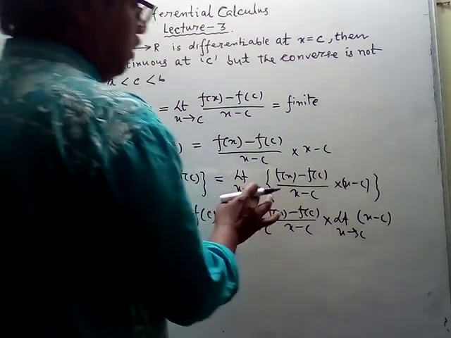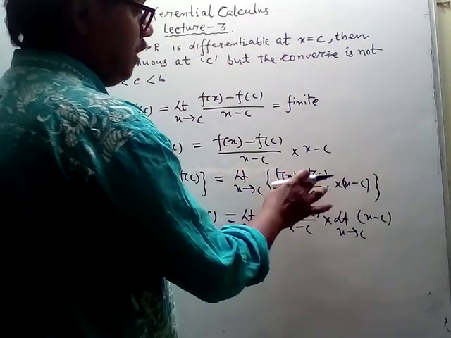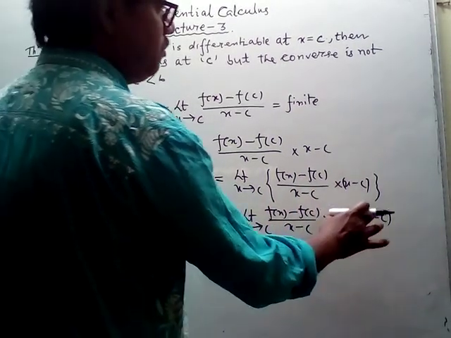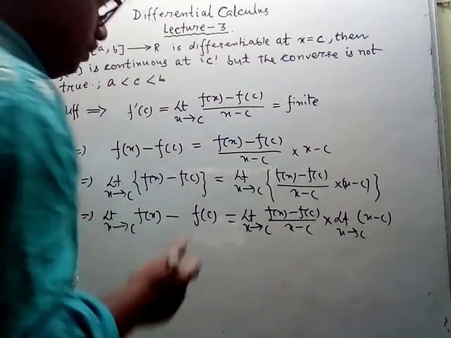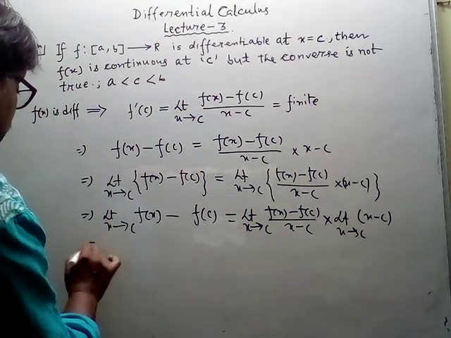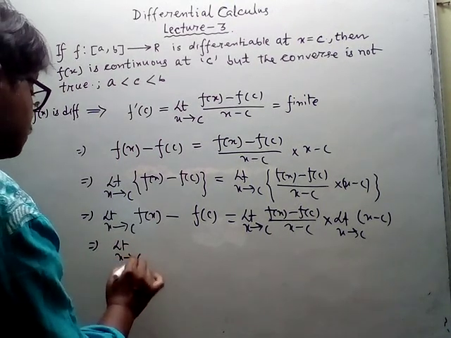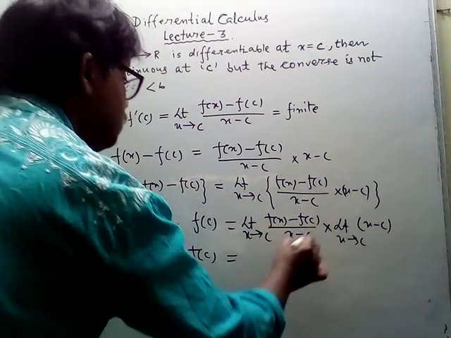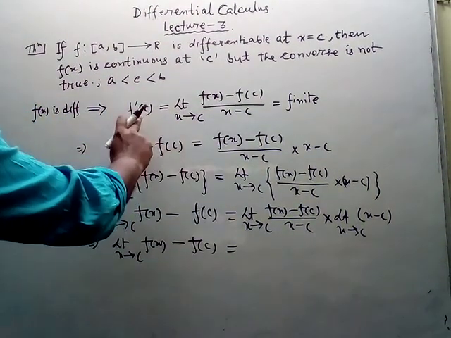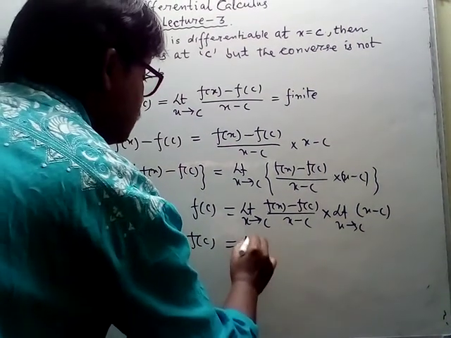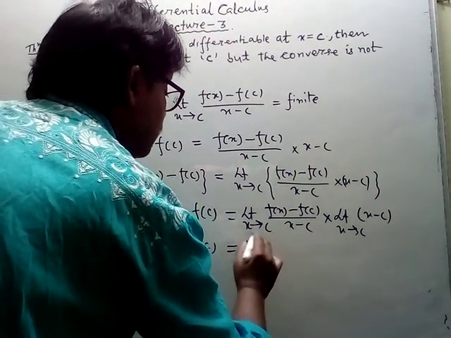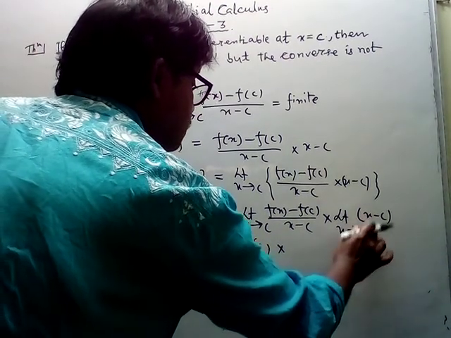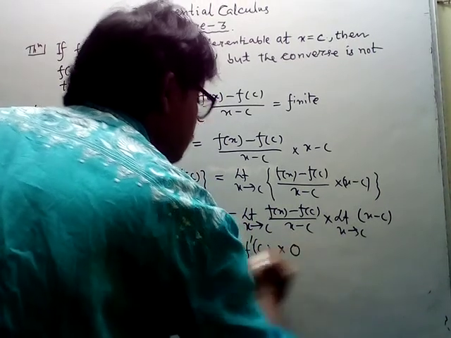Because the limit of the product of two functions f(x) and g(x) is the product of the limits, by this property the limit x tends to c of f(x) minus f(c) equals f'(c) into the limit of (x minus c). Putting x tends to c directly, c minus c equals 0.